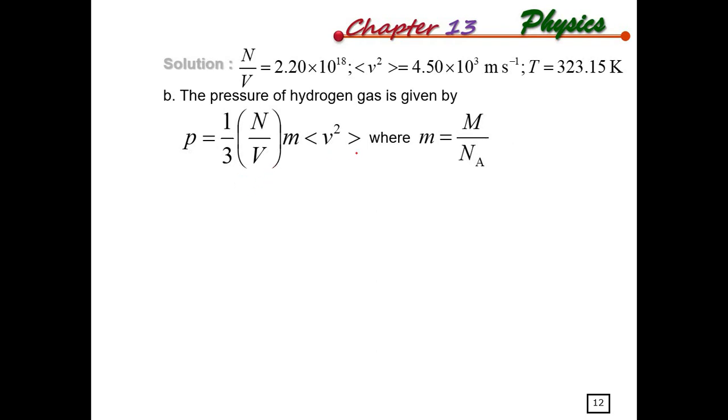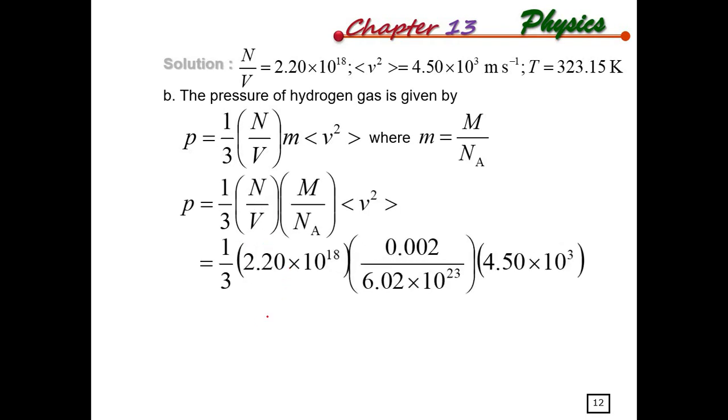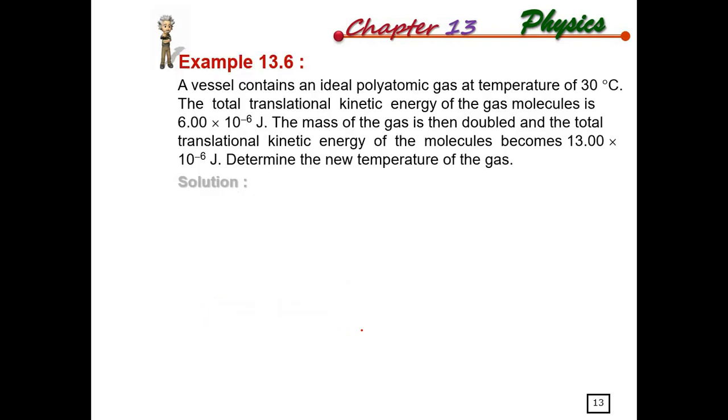We know that m here equals M over NA, where M is the molar mass of the molecule, over NA. By putting the numbers in the equation, we get the answer for P as 1.10 times 10 to the power of minus 5 Pascal.